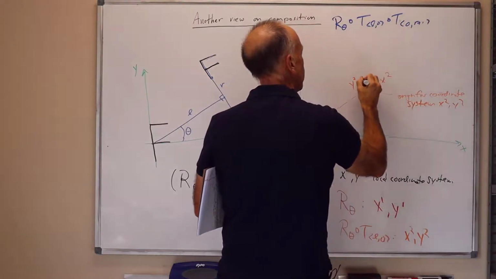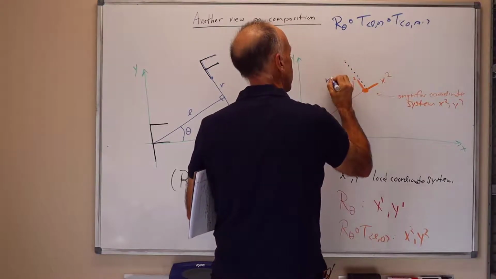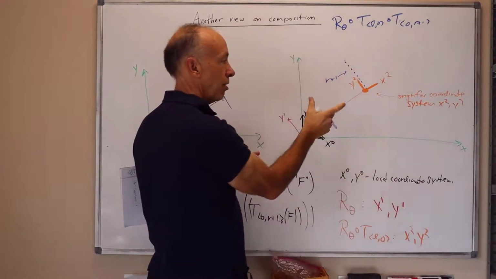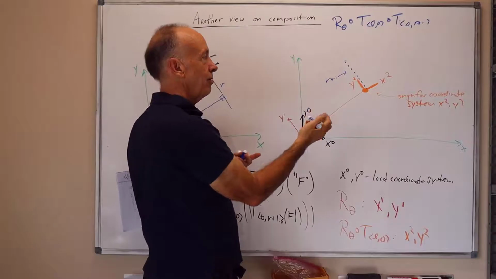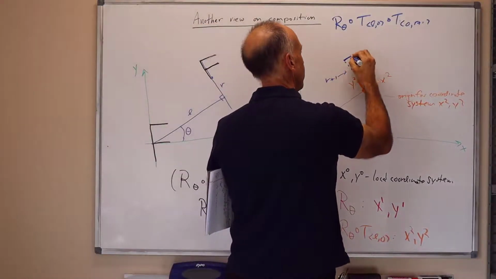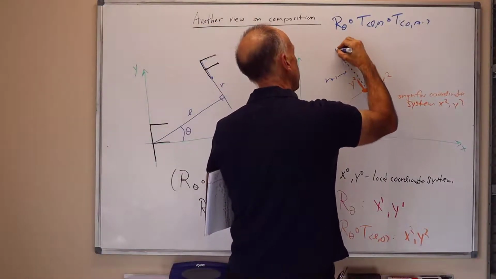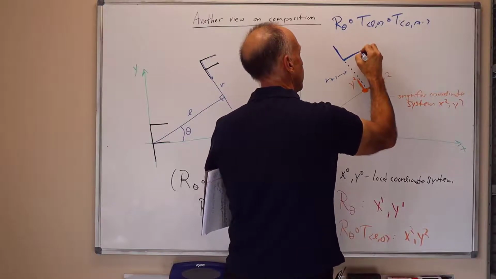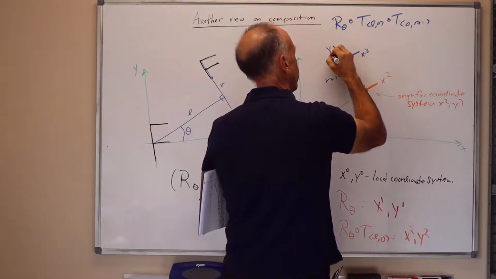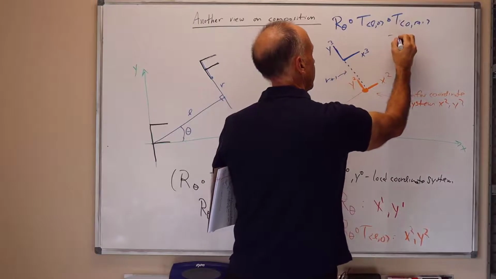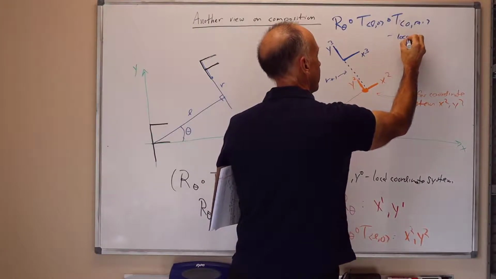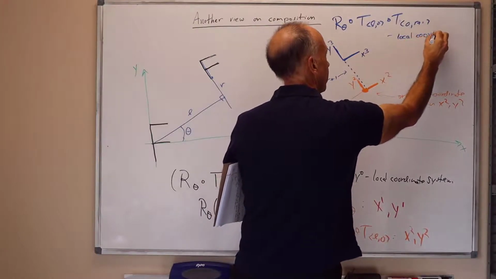And for this we go distance r plus 1 in the current coordinate system, the x2, y2 coordinate system. And here is the new coordinate system for x3, y3. And so we get a local coordinate system, x3, y3.